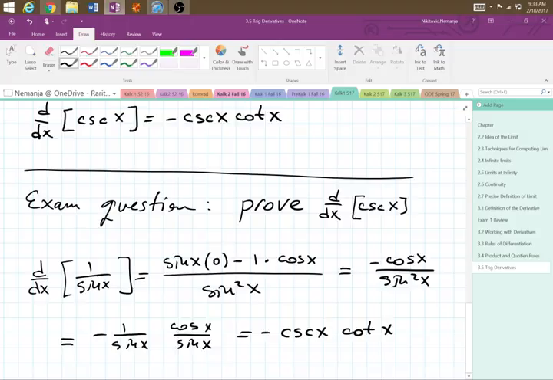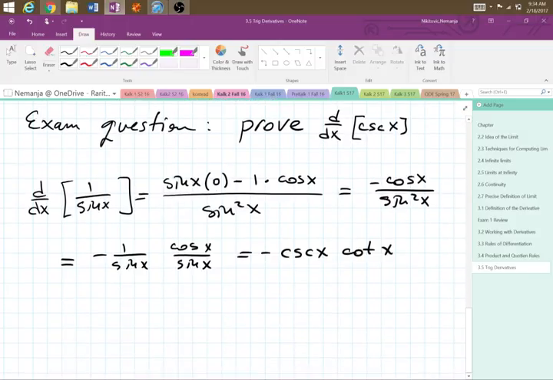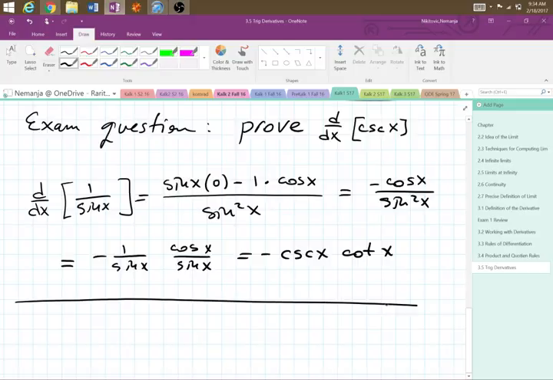Remember how you can do the product rule as well? Let's see. How does the product rule work?